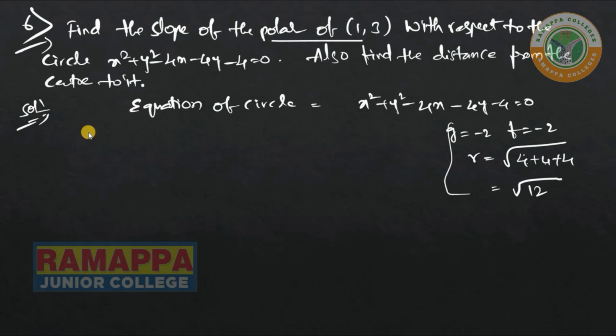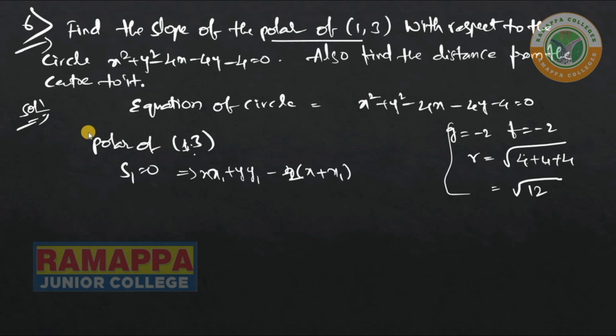Now the polar of 1, 3. This point does not lie on the circle, so S11 is not 0. The polar is x x1 plus y y1 minus 2 into x plus x1, minus 2 into y plus y1, minus 4 is equal to 0.